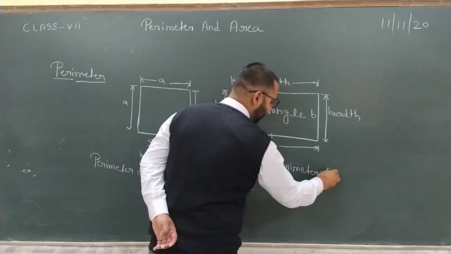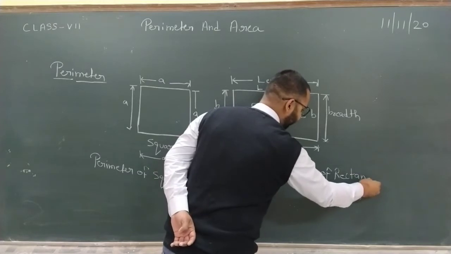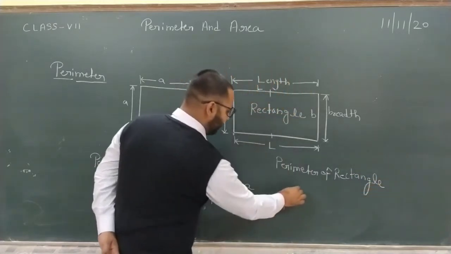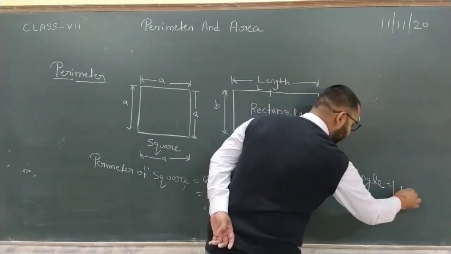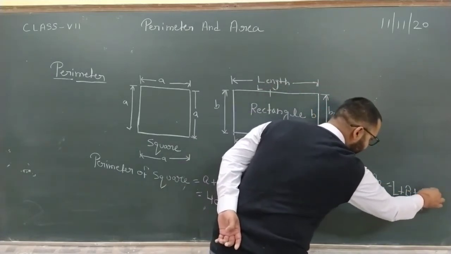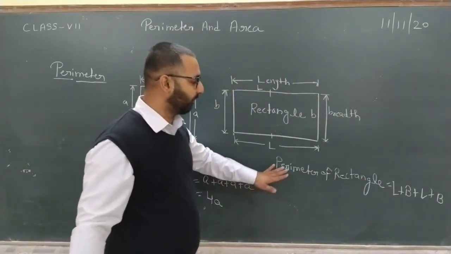So the perimeter of a rectangle will be L plus B plus L plus B. This is the rough form, not the exact formula.